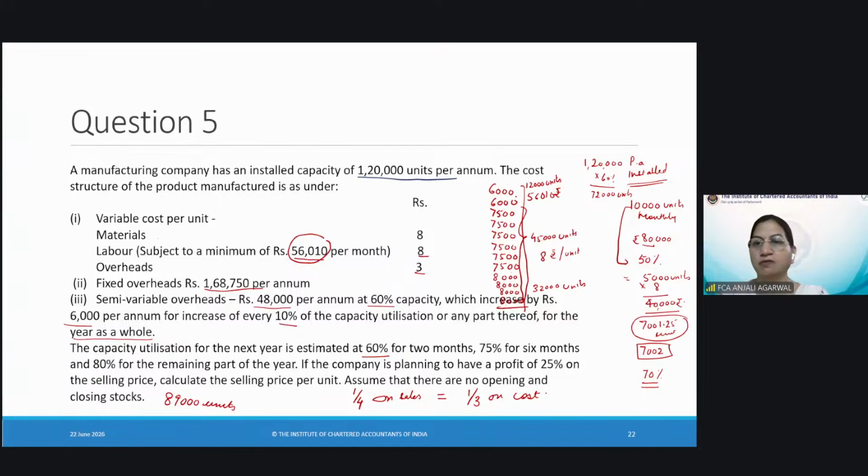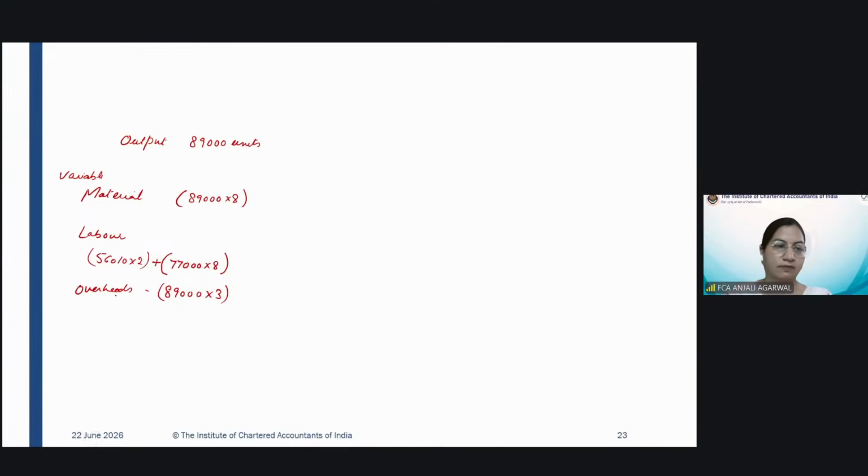Labor will be 56,010 per month for the first 2 months, and for the remaining months, it will be calculated at 8 rupee per unit. Because here, if I calculate at 8 rupee, it comes out to be 48,000. 48,000 is less than 56,000, so I'll still have to give 56,010. Okay. Fixed overheads are 168,750.